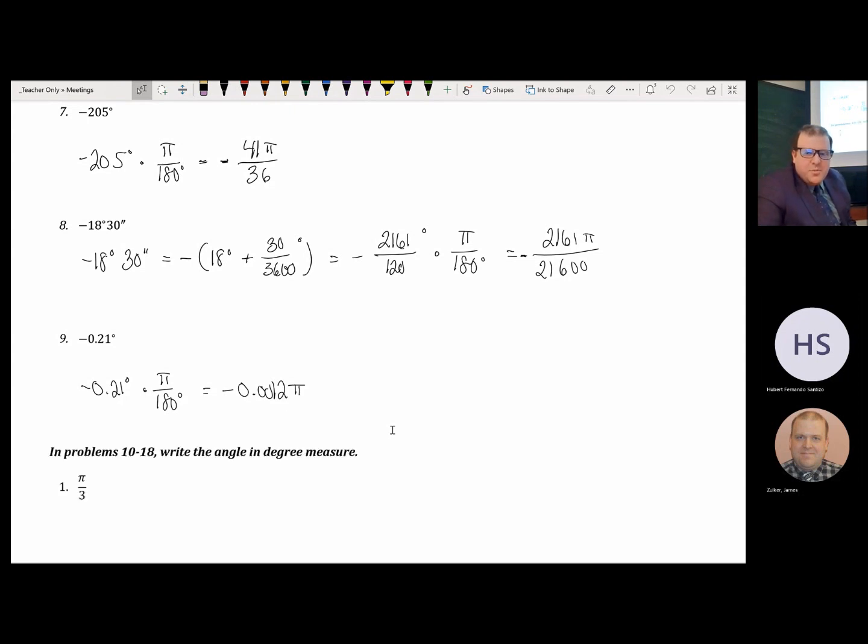Should just skip this entire part. Why you'd want to do this, I have no idea, but now we're going to convert radians to degrees.